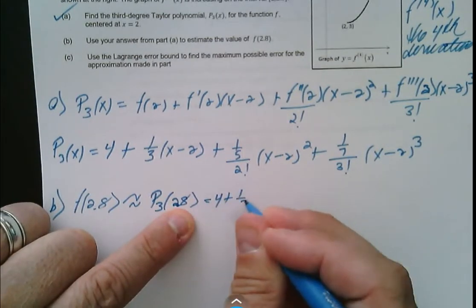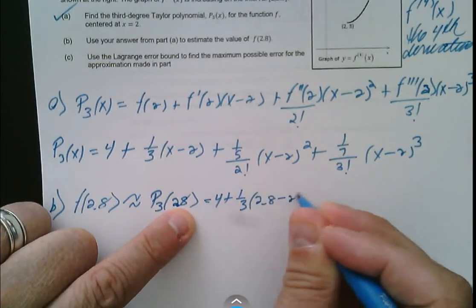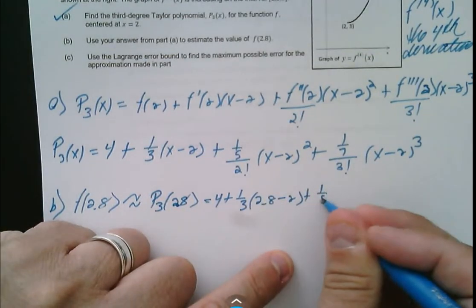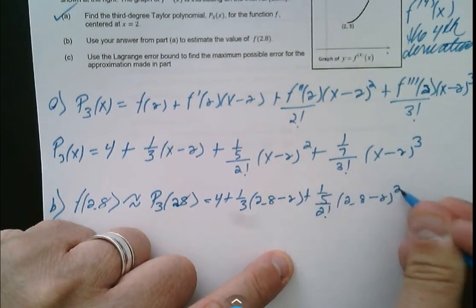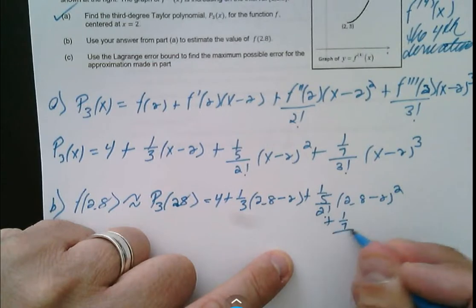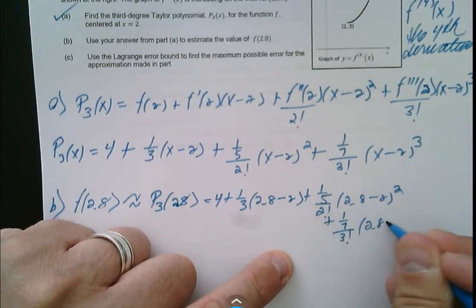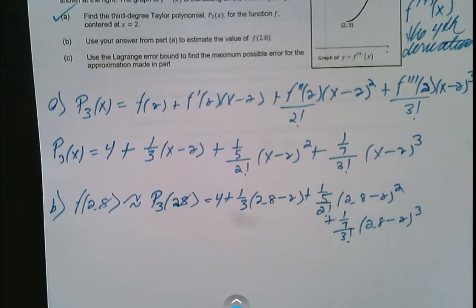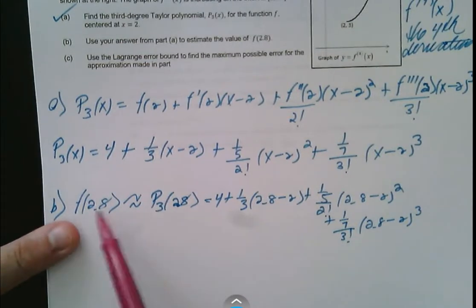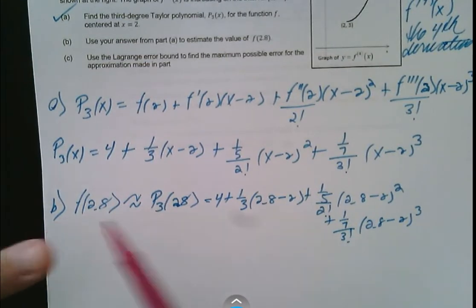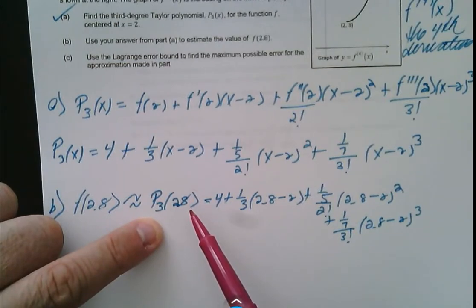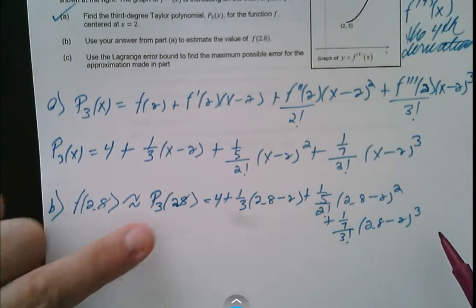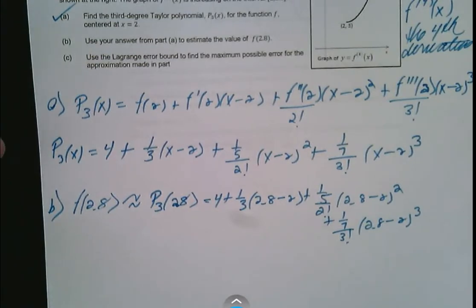We're going to get 4 plus 1/3 of 2.8 minus 2 plus 1/5 divided by 2 factorial, 2.8 minus 2 squared plus 1/7 divided by 3 factorial, 2.8 minus 2, the whole thing cubed. F of 2.8 is the true value. It's approximately what I get from using the degree 3 Taylor polynomial and evaluating it at 2.8. What's all this equal to? Nobody cares.